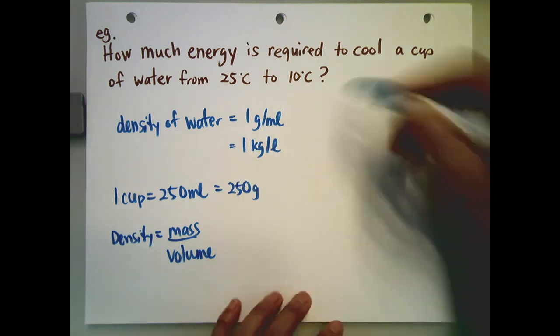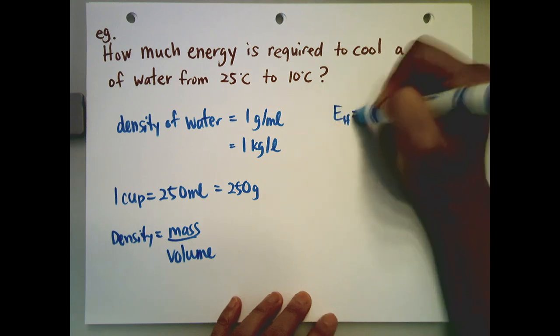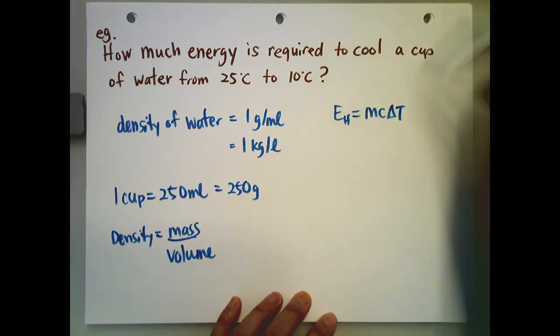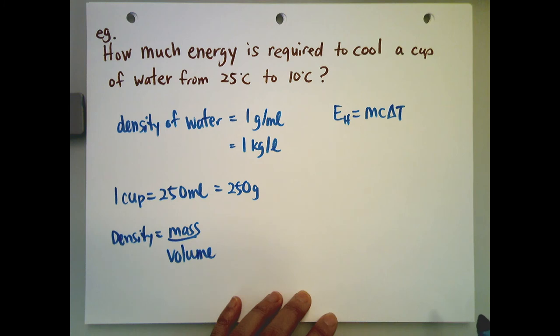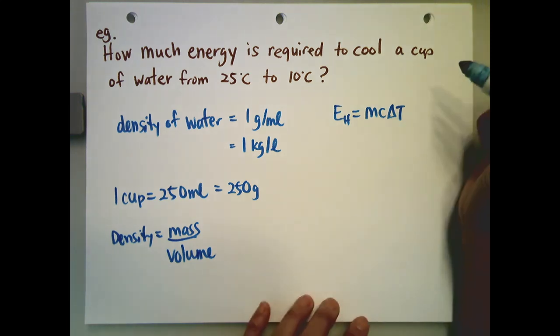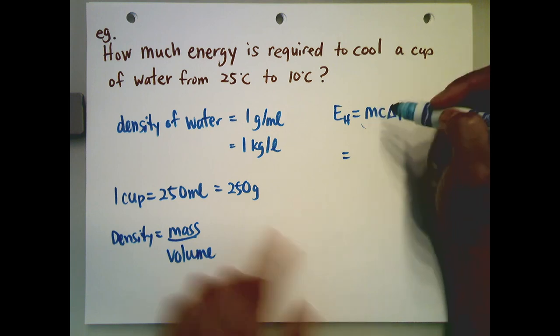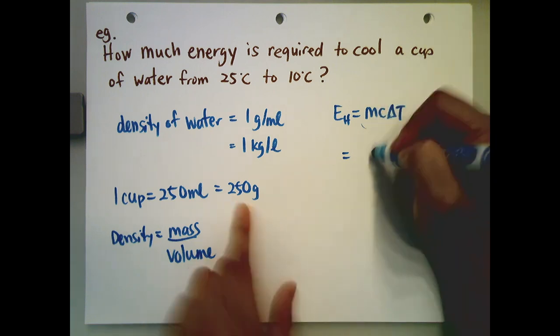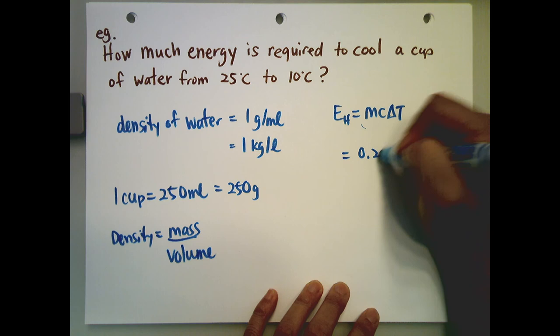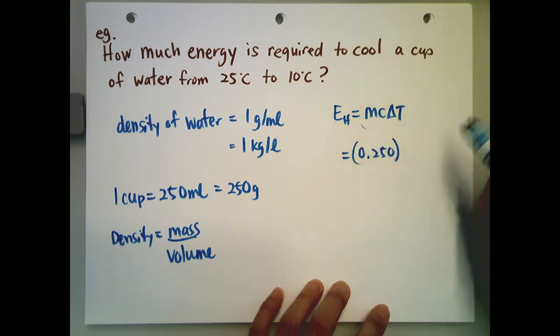Okay, so let's answer the question. Here you have E equals mc delta T, and we need to figure out how much energy you need to cool the cup. So you need to take away from the water. Okay, so we have mass, but remember, mass has to be in kilograms. So don't forget to convert: 0.250 kilograms.